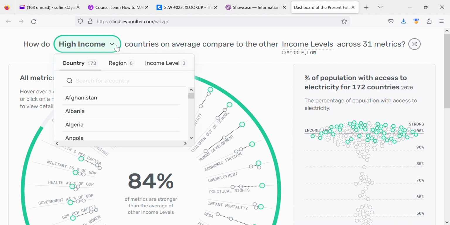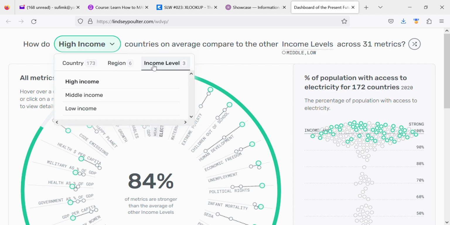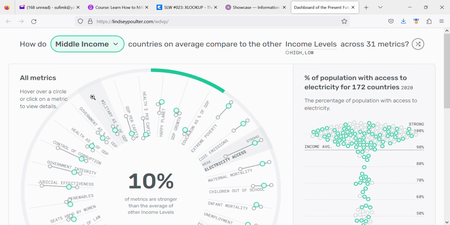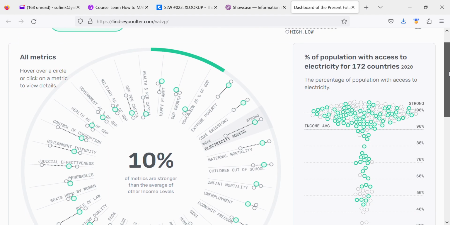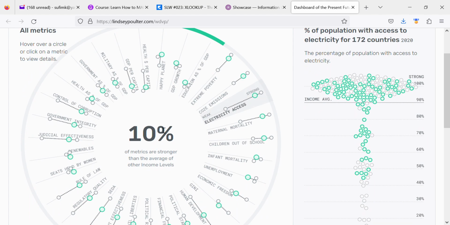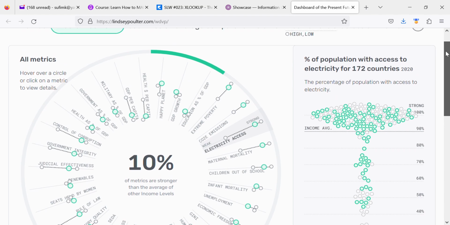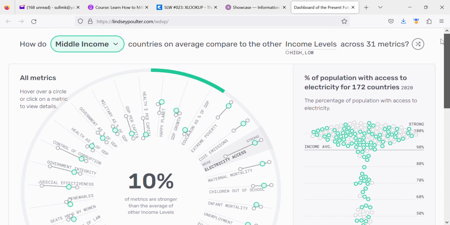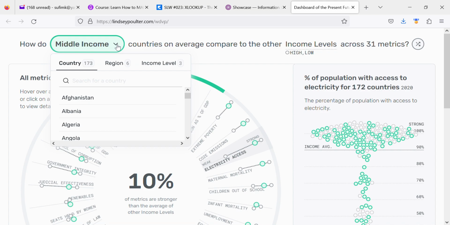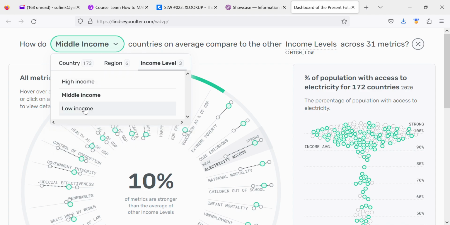If you dive into middle income countries, they have 10% of metrics stronger than the average of other income levels. Specifically, they are strong in the areas of happy planet, GDP growth, and education as percentage of GDP. Let's look at low-income countries.